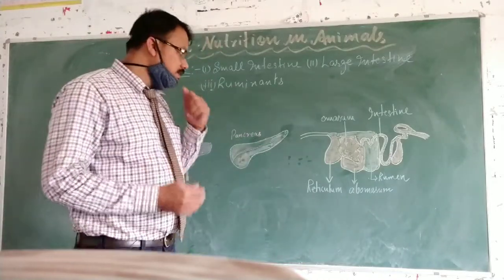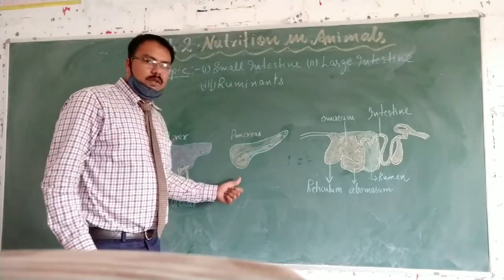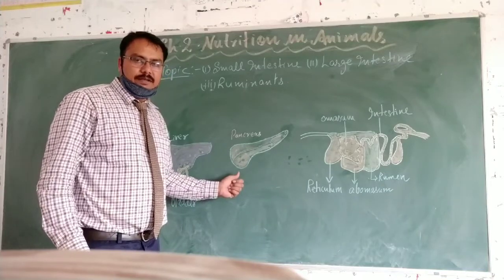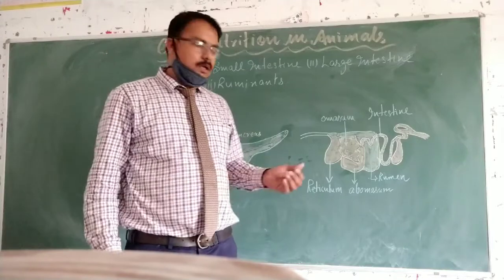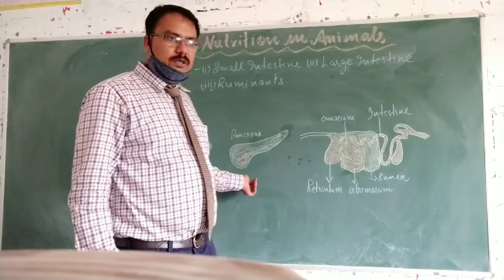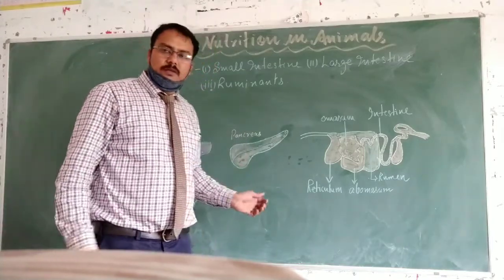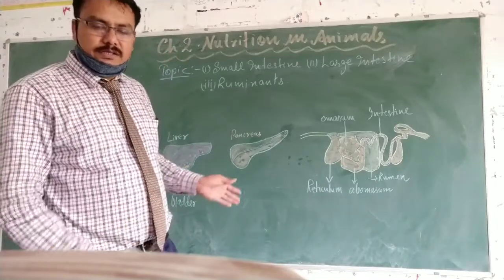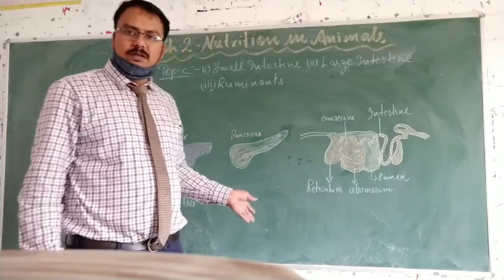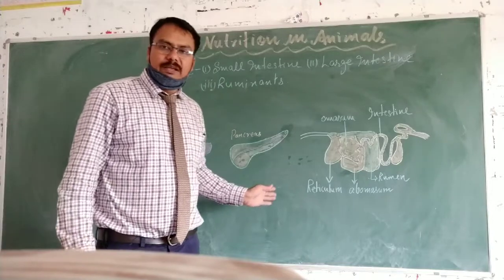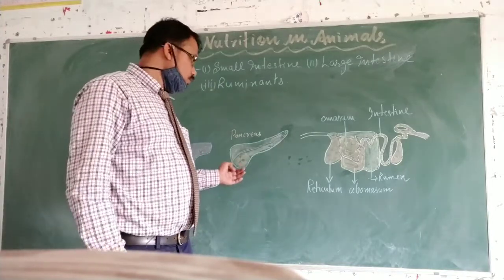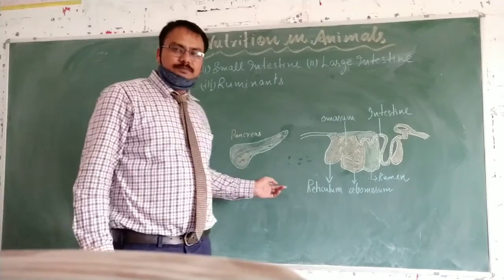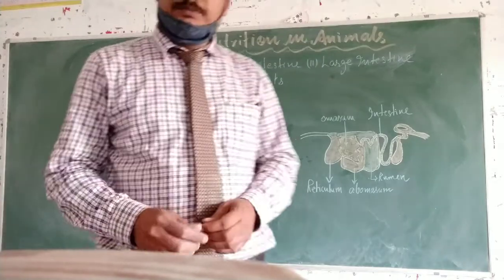Okay, next, one more gland that is called the pancreas, which is situated just below the abdomen. Okay, students, it is just situated below the abdomen. This is also a large gland. It is creamish in color and releases the pancreatic juice, a type of enzyme.